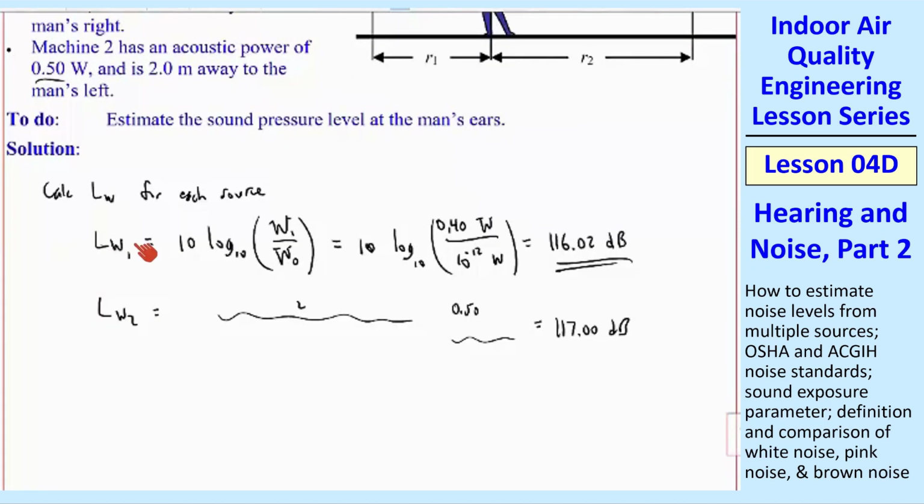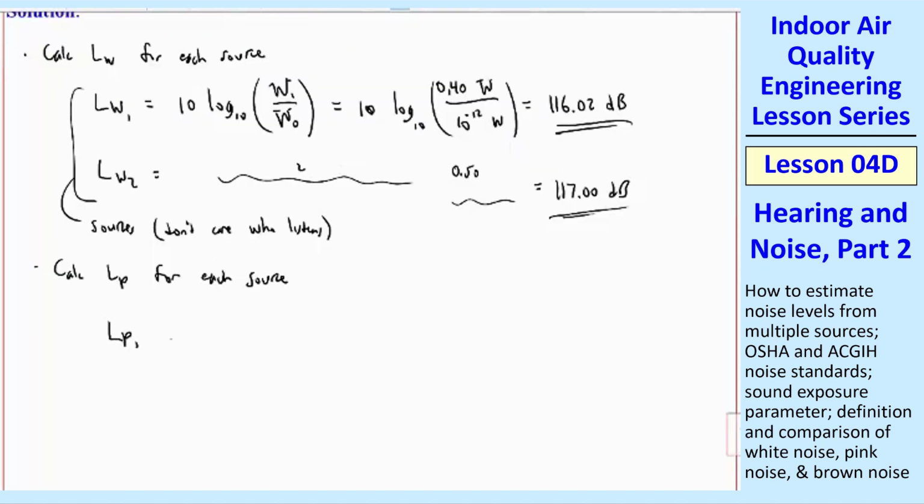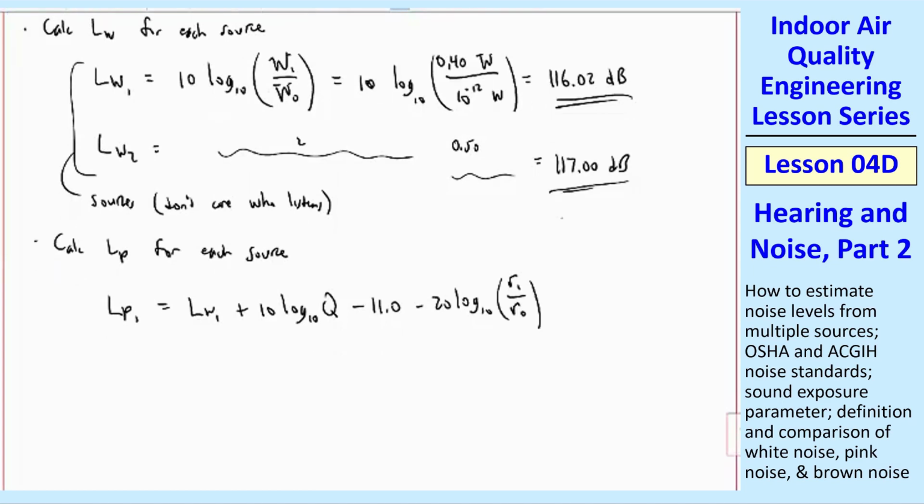Remember, these are independent of who's hearing. These are sources. We don't care who listens to this. These are set. Once we have those, we can calculate LP for each source. This is the sound pressure level. LP1 is LW1, plus 10 log 10 Q, minus 11.0, minus 20 log 10 R1 over R0. Plug in the numbers.